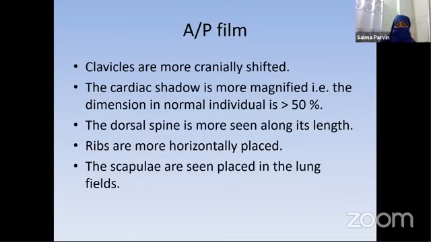The scapulae are seen placed in the lung fields. I think if you practice yourself with two or three films, whether PA or AP, you can identify it as a PA film or an AP film.